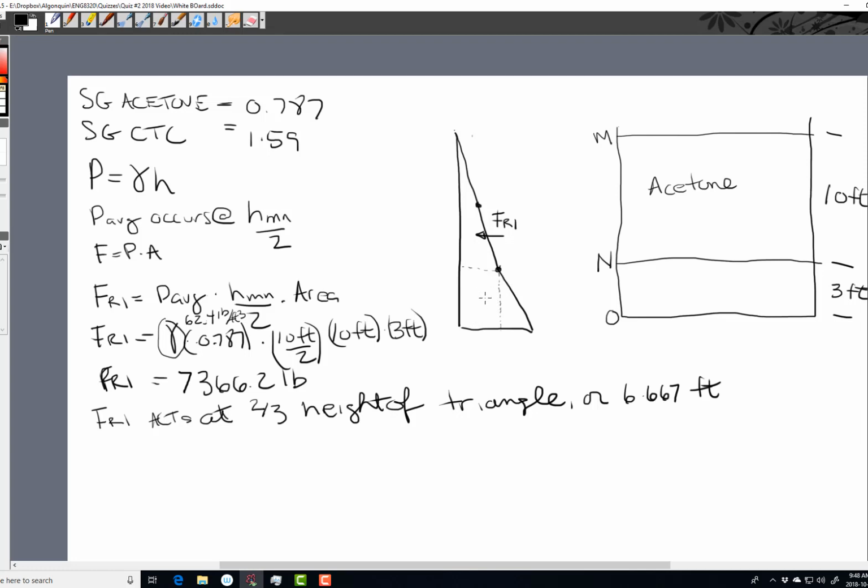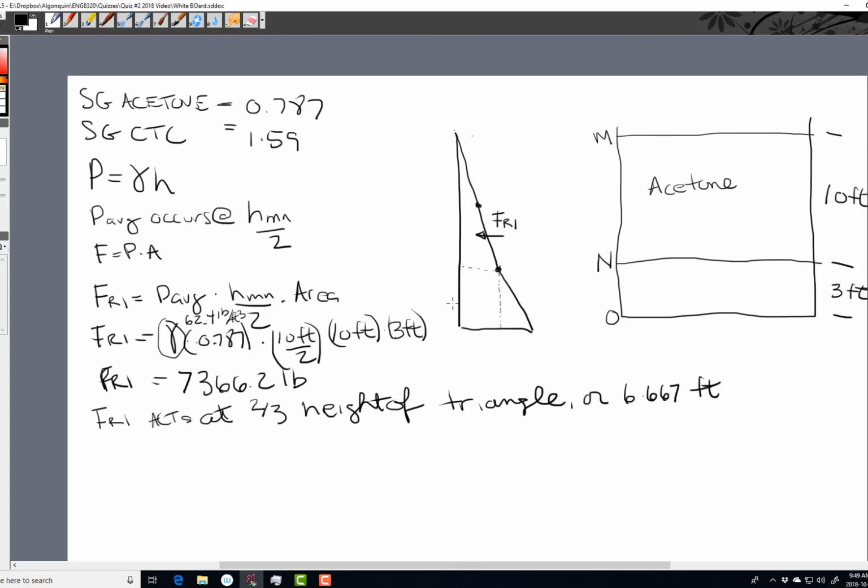So what you have to do is break up this portion of the pressure into a constant pressure here plus this pressure triangle. If you have constant pressure, you know the resultant acts in the middle. For the pressure triangle, you know it acts at 2/3 of this distance here.